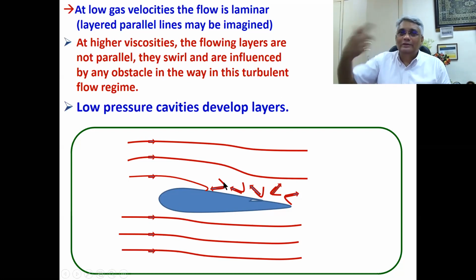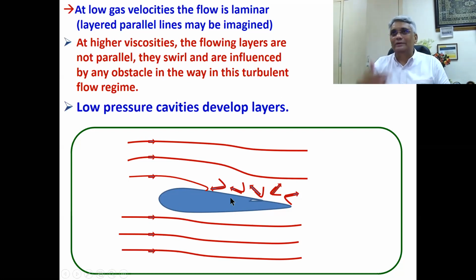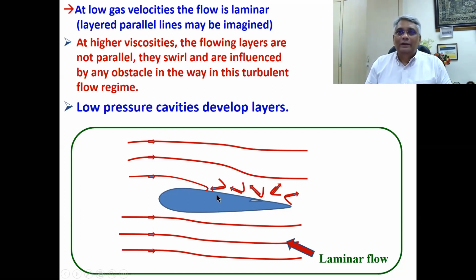That's where the swirling happens. It's the same thing with gas flow also. Okay. Yeah, laminar flow and turbulent flow.